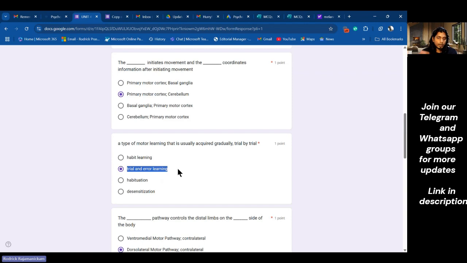Once you have learned through trial and error, for example, the cat lever pressing by Thorndike, once the cats have identified lever pressing, they always press the lever to escape, right? So trial and error learning doesn't happen gradually. It's almost immediate. You could say habituation and desensitization, but they are not for motor responses, but rather for sensations. So habit learning is the correct answer here.